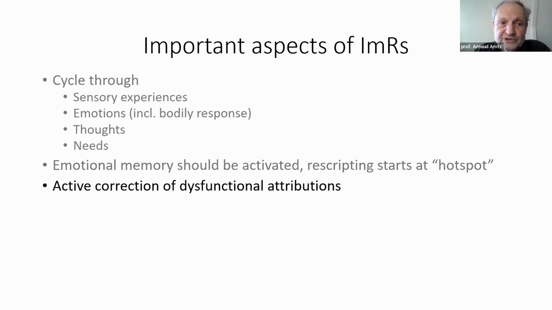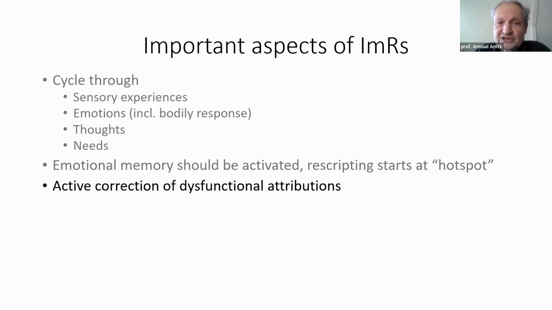What we also learned is that it helps to correct dysfunctional attributions. It helps to actively tell the patient in the rescripting that what happened to them is not their fault.